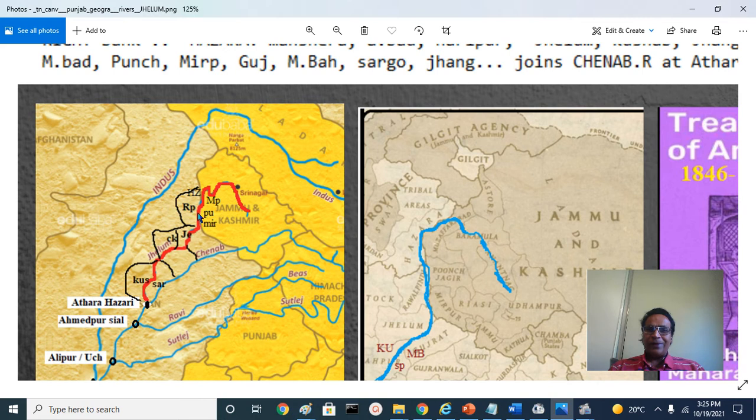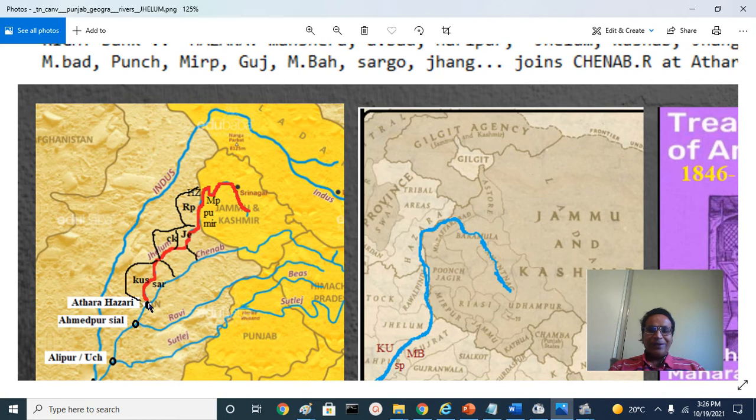Here the river skirts the Salt Range mountains. Those are the mountains in the southern part of Potwar region. The river enters into the Punjab plains and continues its journey. And the river joins River Chenab.